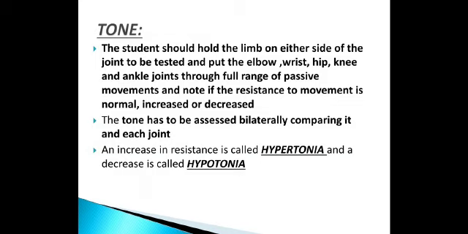So there is a difference between spasticity and rigidity. In rigidity, both groups of muscles are involved, so it is seen in all muscles without any relation to gravity. The two types are lead pipe and cogwheel. In lead pipe, the resistance is like a pipe.